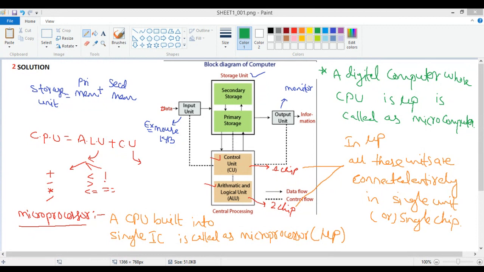Processor and microprocessor both are the same. Do you see this question, all of you? Please give a response. I have asked one question. All of you go to the polling and check the question.